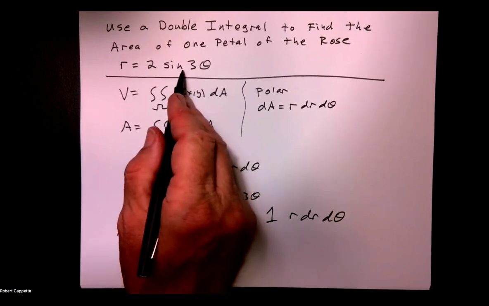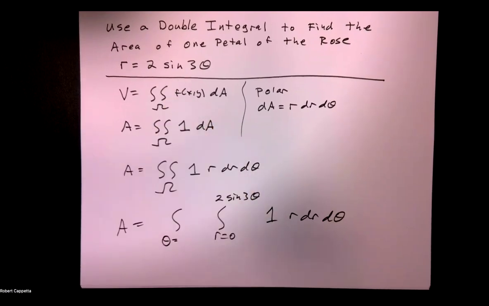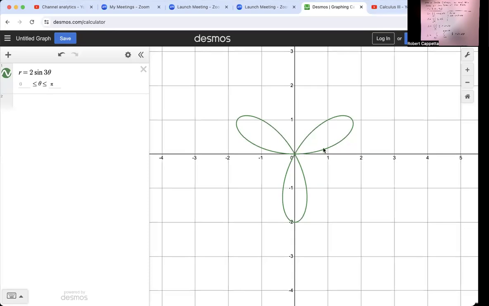So I'm asking for one petal. So let's take a look at what a petal looks like here. So here's a petal. Notice the petal is at 0, it moves out, and then it comes back to 0. So the first petal is traced between values where r equals 0.